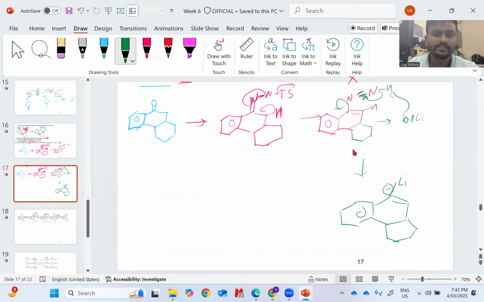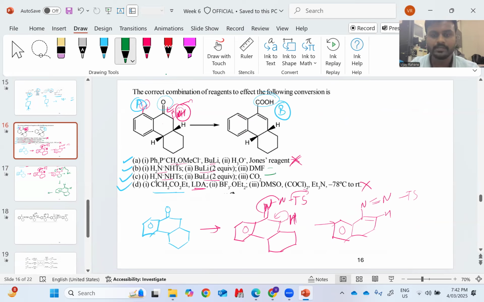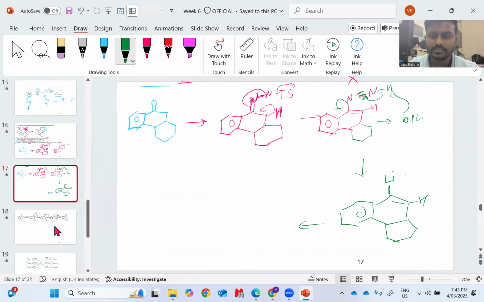And further, what are the other options? There is CO2 and DMF. Among these two, we need to select one. If you add CO2, it will lead to the formation of an acid, right? And if you add DMF, it will be a different step.